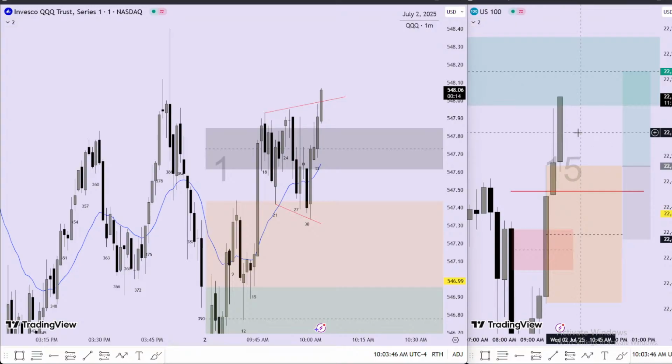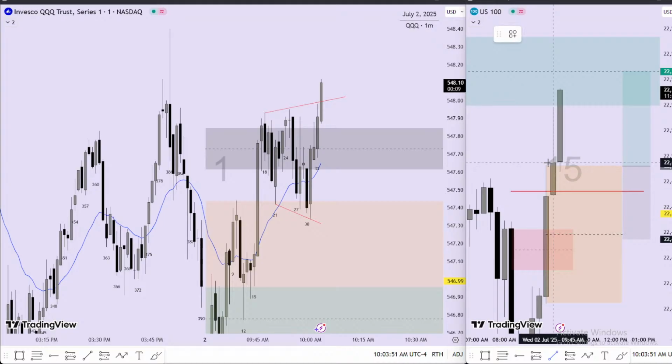Because the market stayed here for a very long time, I would like to mark 515 level as important and relevant for now.